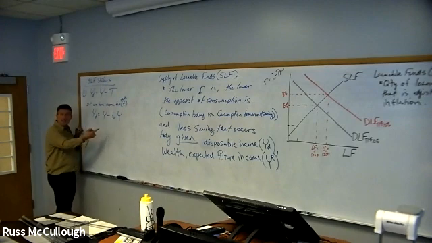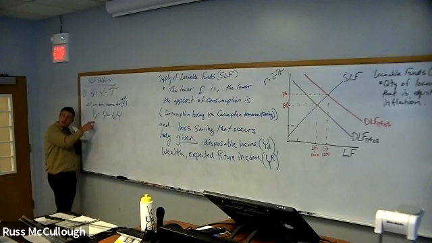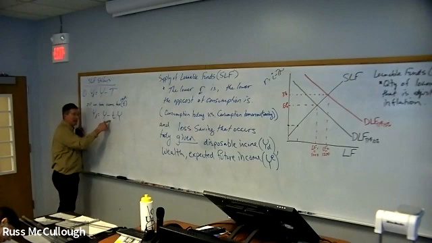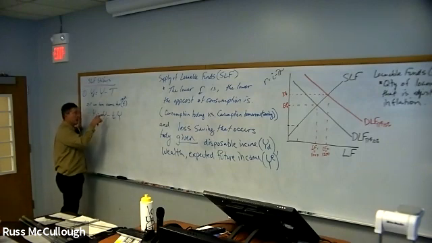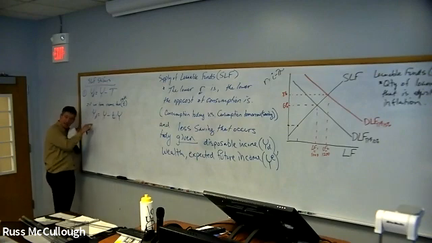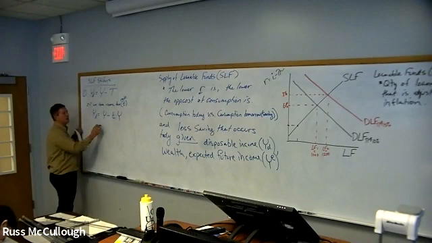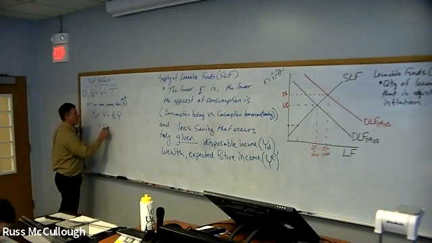If I have a 20% tax rate and a $1,000 paycheck, how much is my paycheck? 800 bucks. How'd you get that? 1,000 minus 20% times 1,000 is 200. 1,000 minus 200 equals 800. Right? So you'll see this equation come up. We can also factor out that Y, and so you might also see it presented this way.